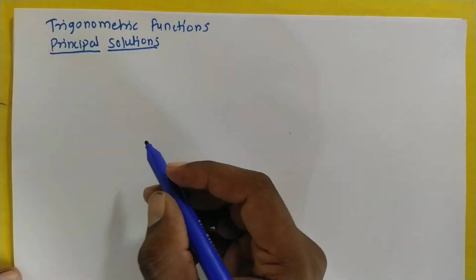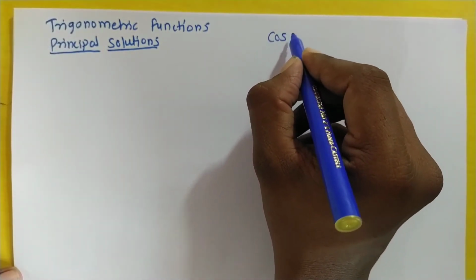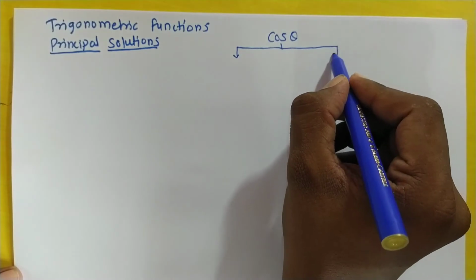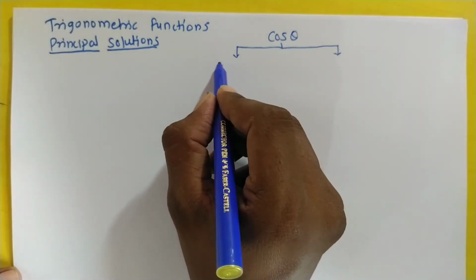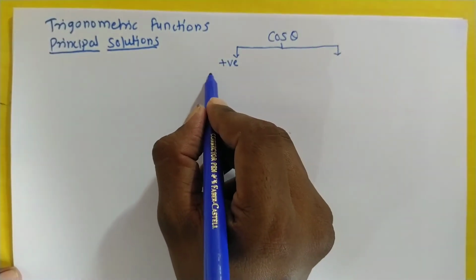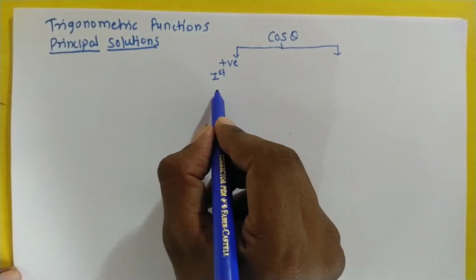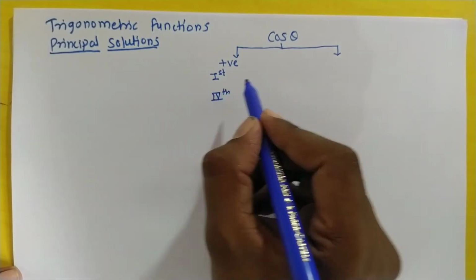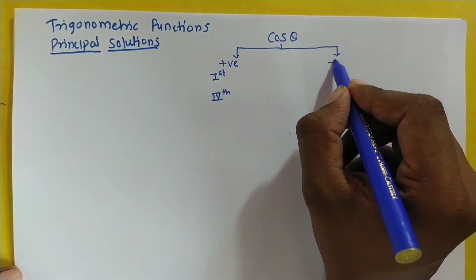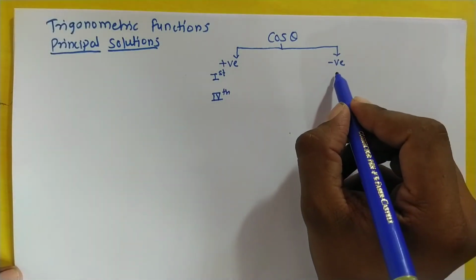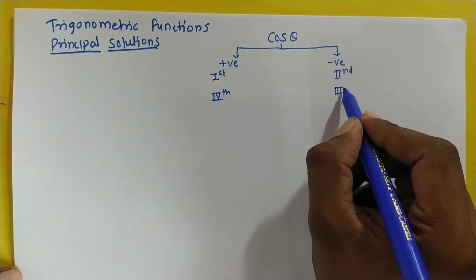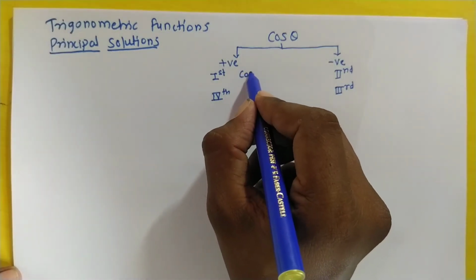Now we take the example based on cos theta. We know that cos theta is positive in first quadrant and fourth quadrant. Cos theta is negative in second quadrant and third quadrant.